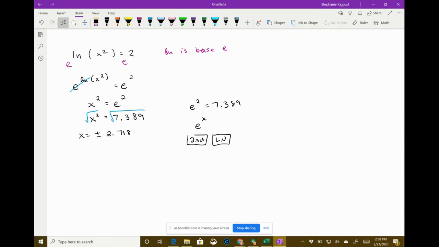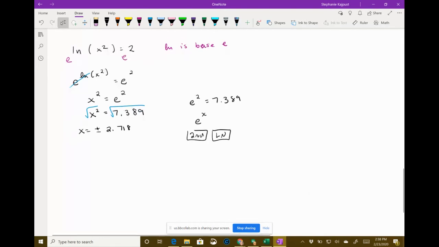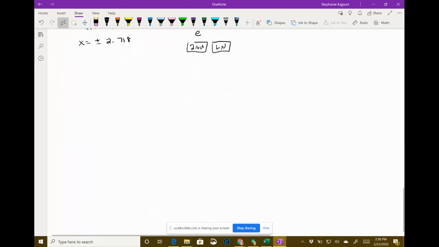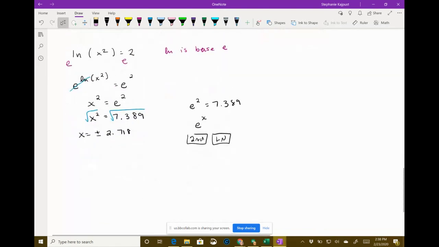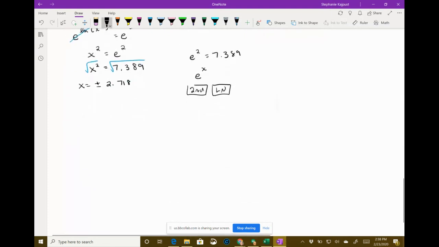So this is basically, we can solve any bases. So I can even have something like, let's say I have log base 3 of x plus 1 equals 25. Let me make sure that's something I can do in my calculator, not too big. Oh, that's too big.